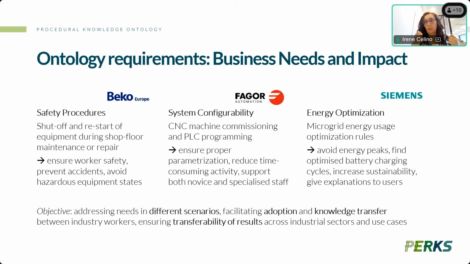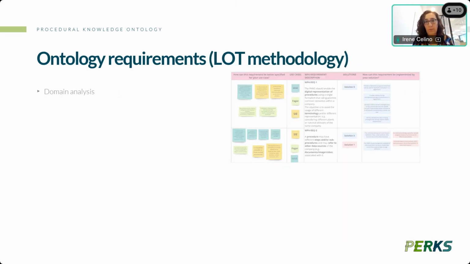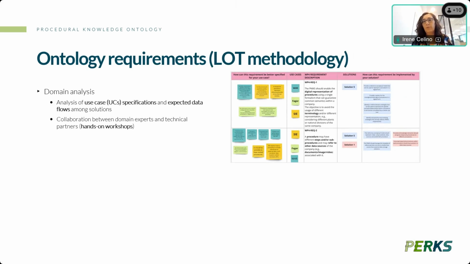So we built the ontology from concrete requirements. And we did it by following the LOT methodology, Linked Open Terms methodology. You may be familiar with that. I will not go into much detail, but just to let you know how we did it. We had this hands-on collaborative workshop with the Miro board to collect requirements.